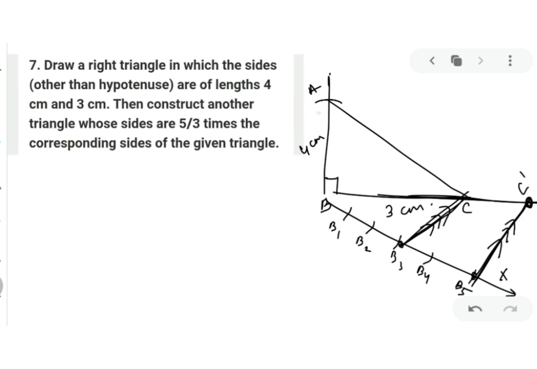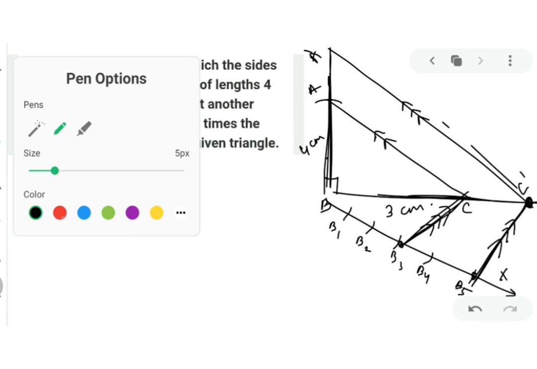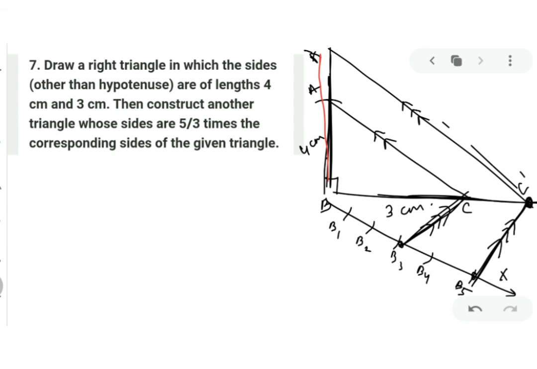Once you got that, you have to extend your AB also. Because from C dash you are going to make a parallel line to the AB extension and you can name that as A dash. Now my dear kids, you can see that your new triangle, which is 5/3 times the original one, is this, which I am marking in red.